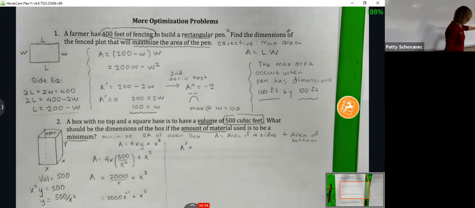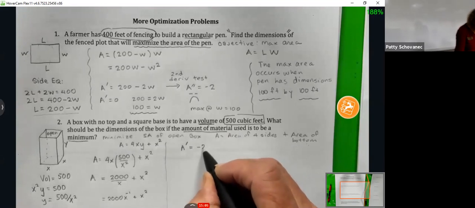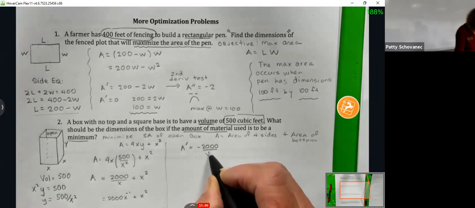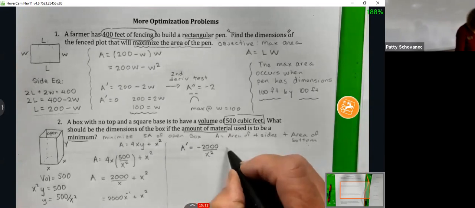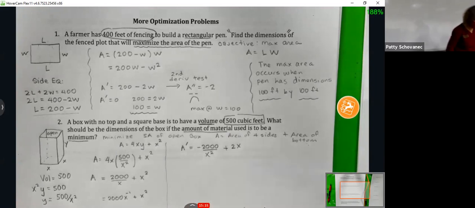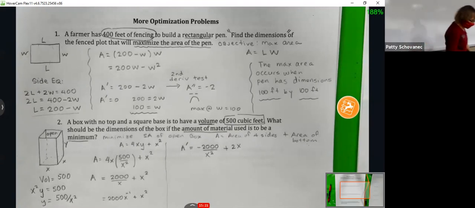And so the derivative is going to be negative 2,000 times x to the negative 2 plus 2x. But I'm going to go ahead and simplify. Negative 2,000 times x to the negative 2 is negative 2,000 over x squared. And then the derivative of the x squared on the end gives me a 2x. Let's set that equal to 0.